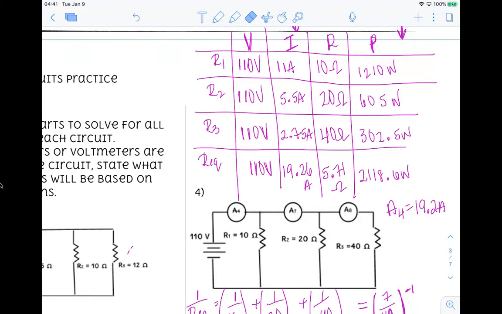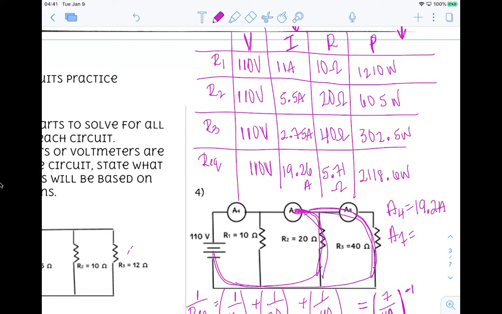If we look at A7, well, A7 starts over here. So we're able to go down 1, 2 paths such that we can end up back at the battery both times. Again, we're not going to go backwards. We can't decide that we're going to go up some random path and go to A4. That's not the way it works. So A7 only has the ability to read both R2 and R3's current.